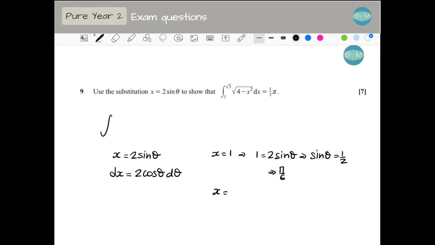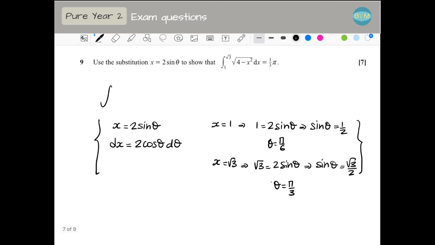And when x is root 3, substituting in the same equation, I have root 3 is 2 sine theta, which means sine theta is root 3 divided by 2, which means theta is pi thirds. So with all this, I'm going to rewrite my integral. The limits are going to be pi over 6 and pi over 3.